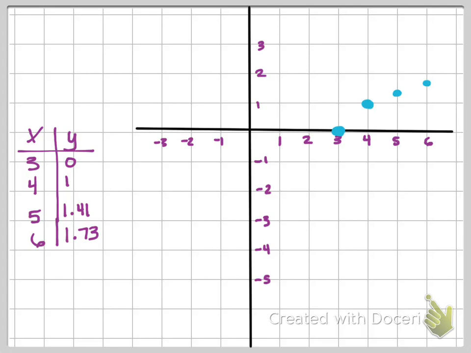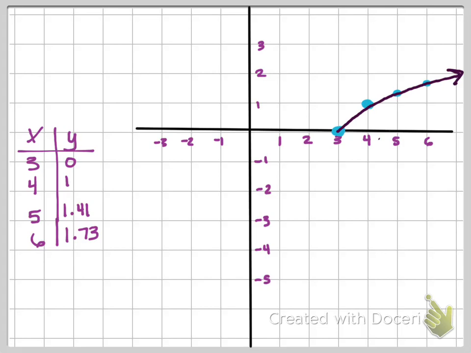Now, is my line going to extend through 3, 0? Like keep going like this? No, because remember, 3, 0 right here is your first point. We cannot have any point smaller than that because x can't be equal to it. That's where my domain stops. So I start my line here and it extends through.